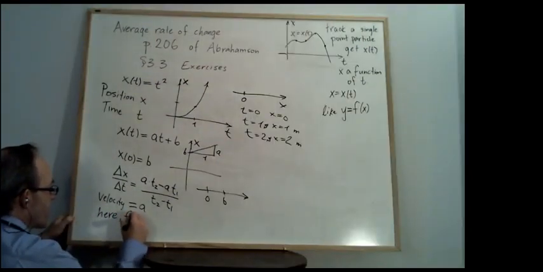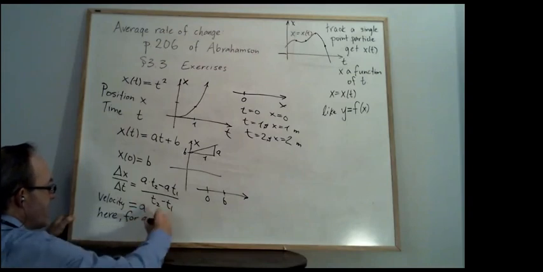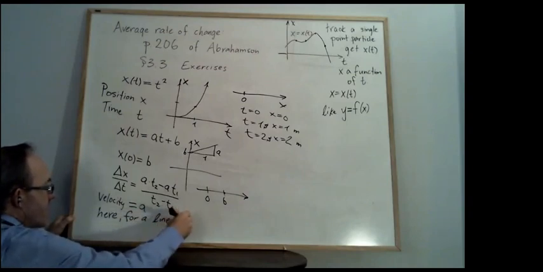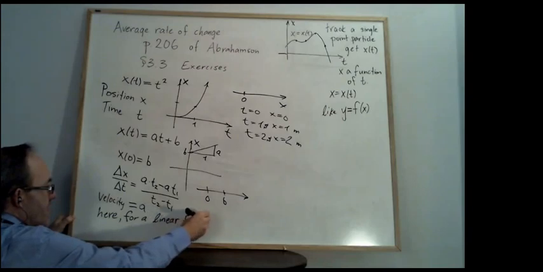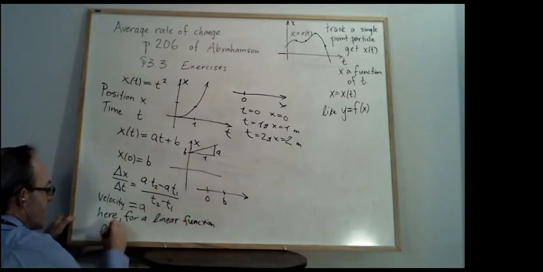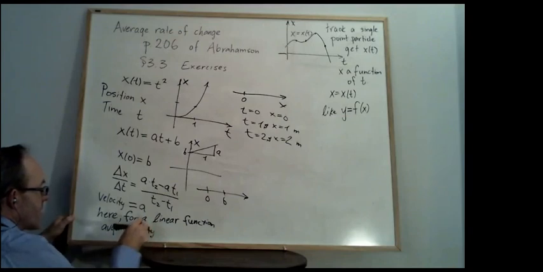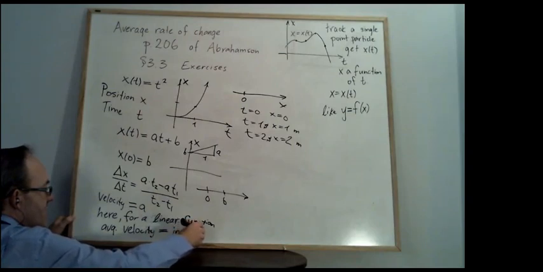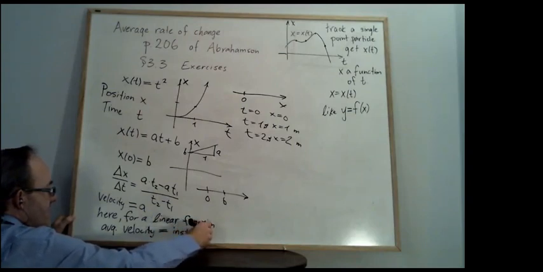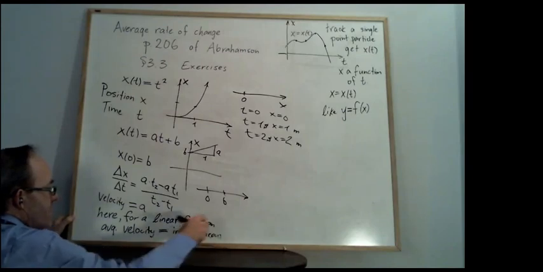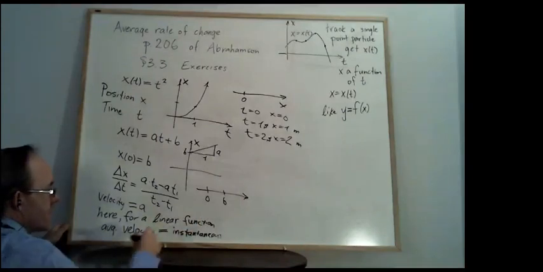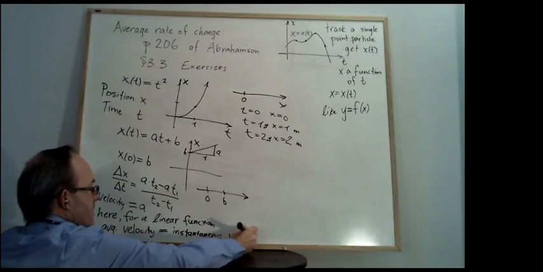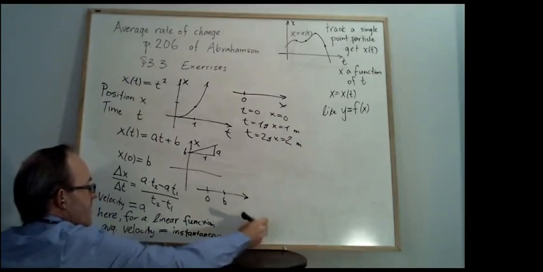Here, for a linear function, the average velocity is equal to the instantaneous velocity.